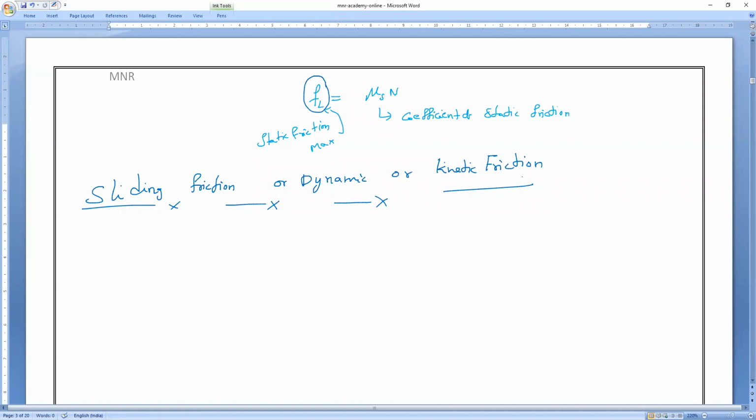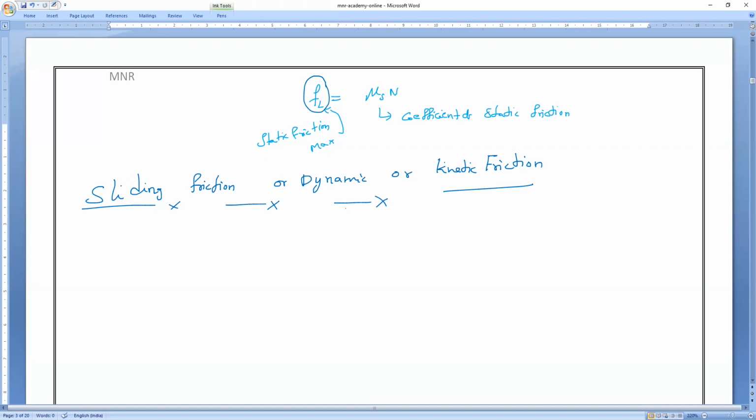When a body slides over a surface, already they are in motion. Then we call it sliding friction.